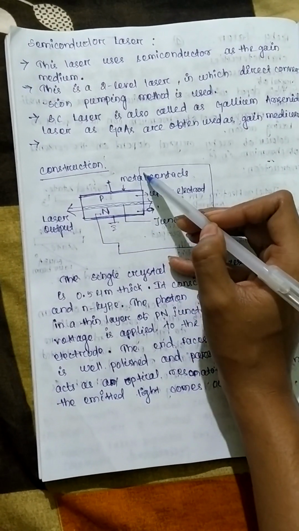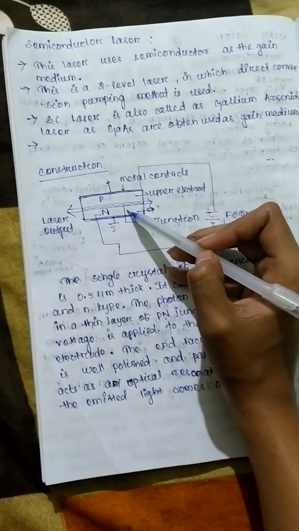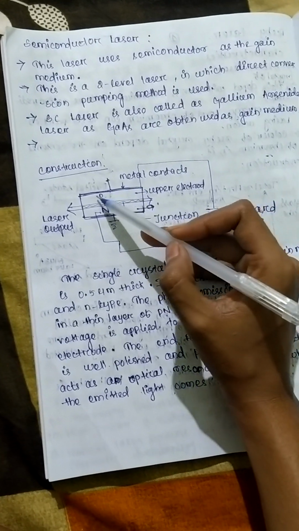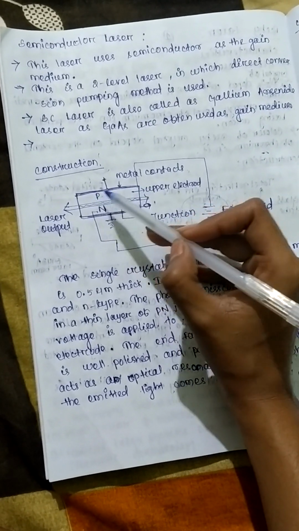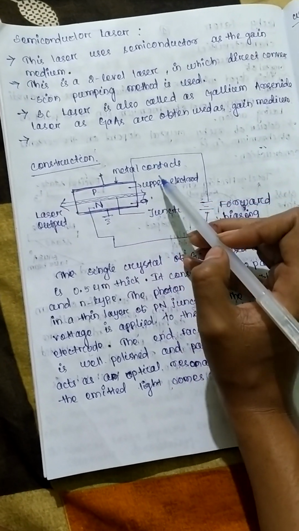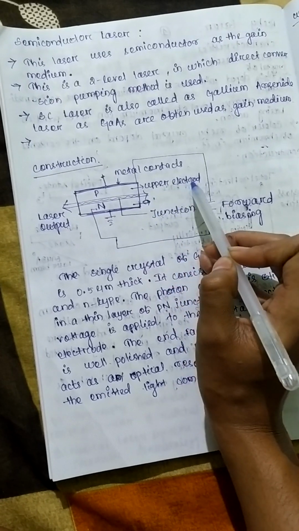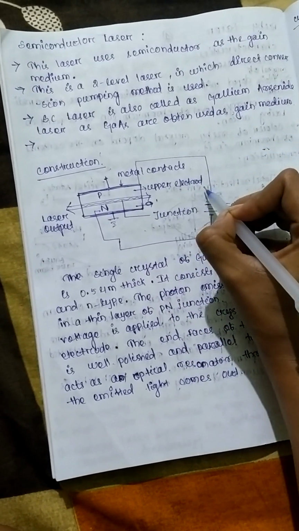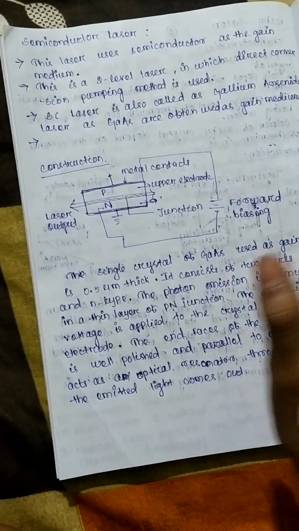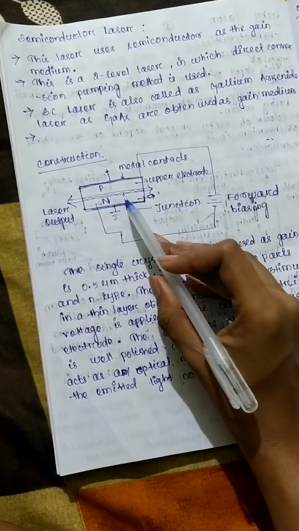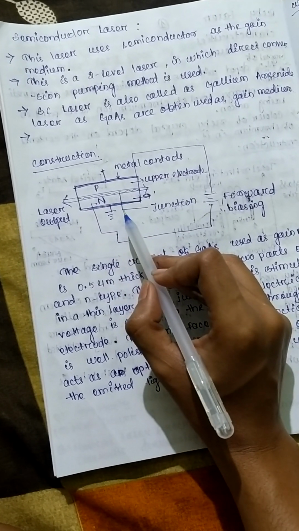P is the hole conductivity, and N is the electron conductivity, and this thick layer which I have drawn here is metal contacts, and this P layer is known as the upper electrode, and this part is the junction.